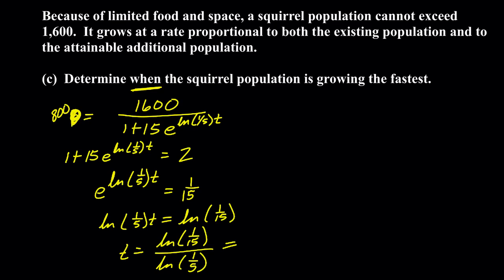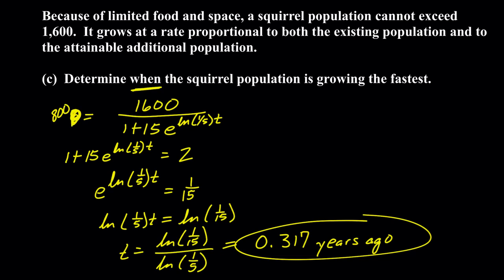Which comes out to 0.317 years ago is when the population was growing the fastest.